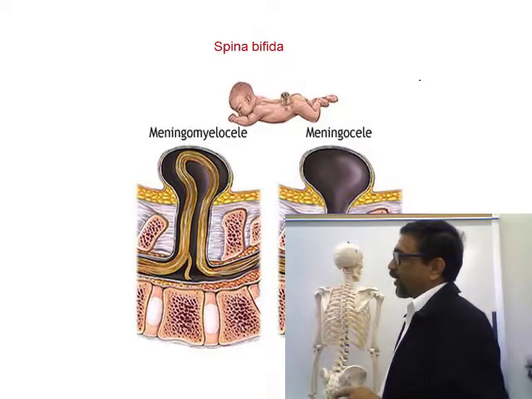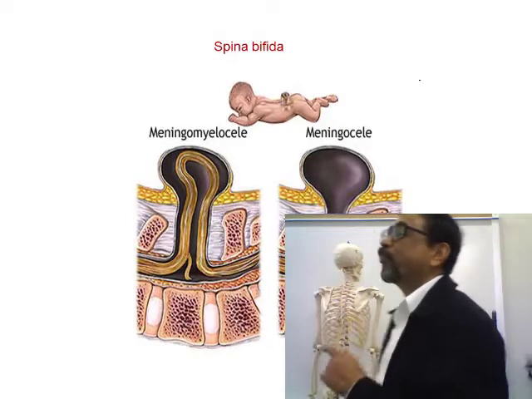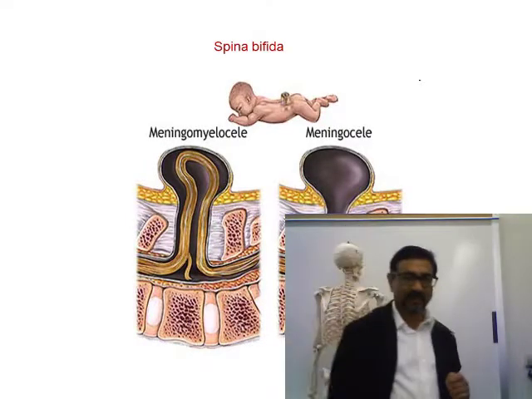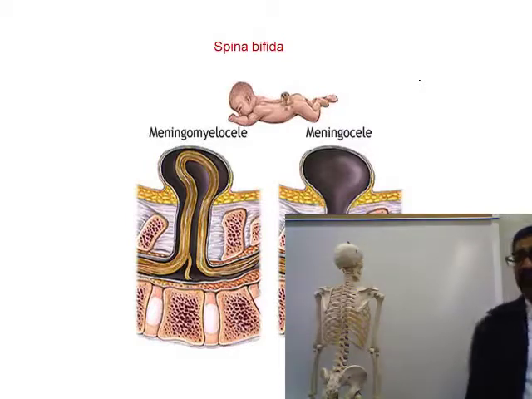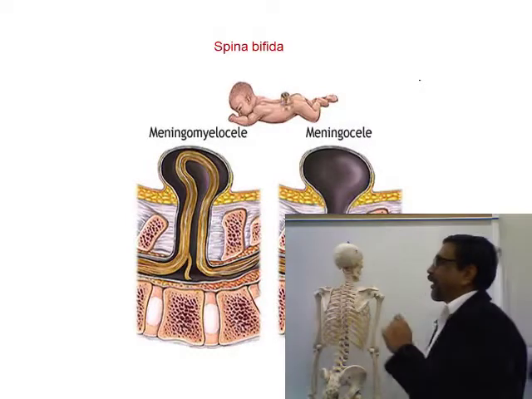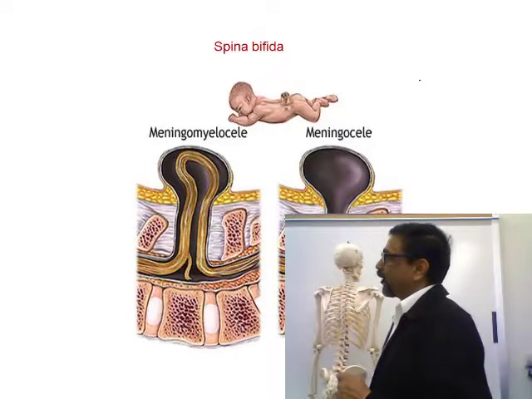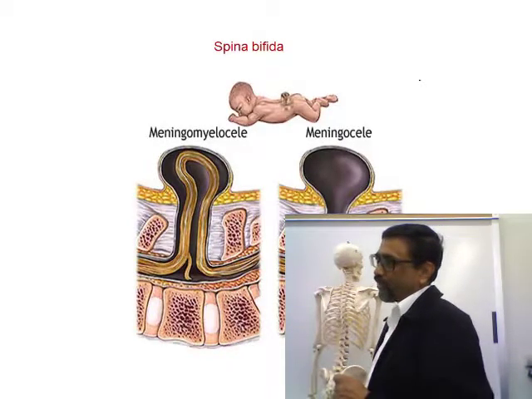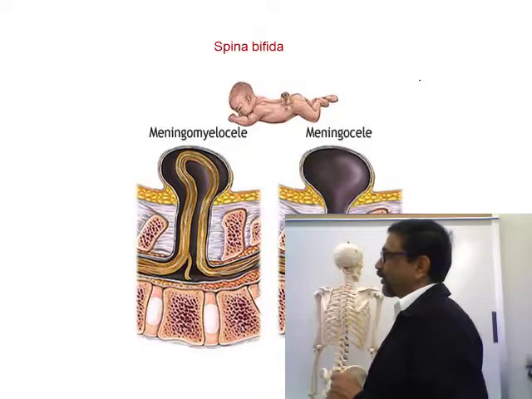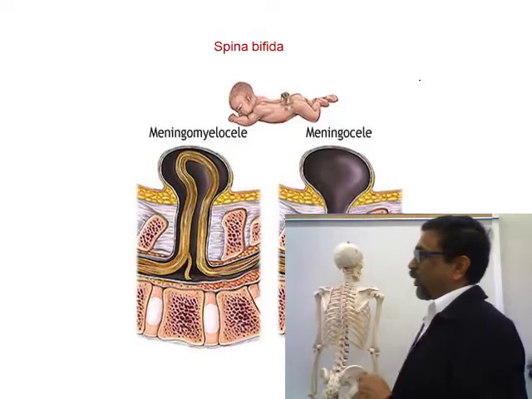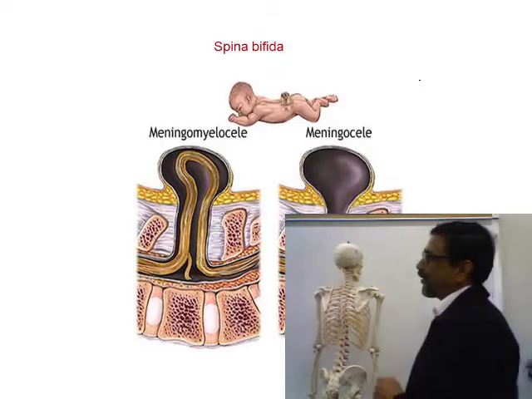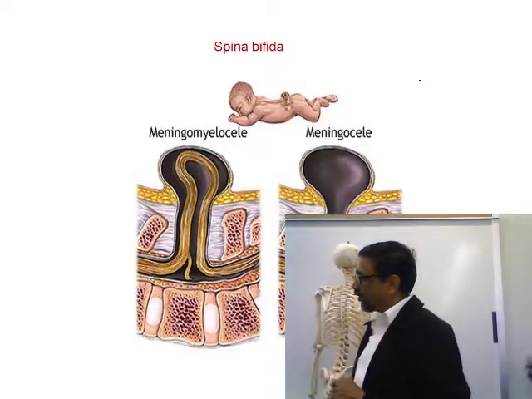If you see the first picture, the covering meninges as well as the spinal cord came out, and this condition is called meningomyelocele. And if only the covering comes out, that is called meningocele. So two different conditions. The first one is more dangerous because the spinal cord also comes out.